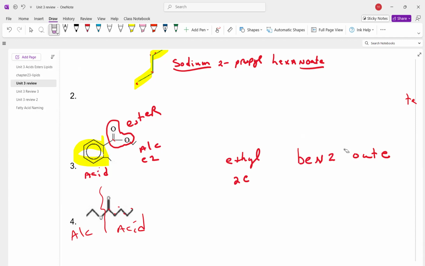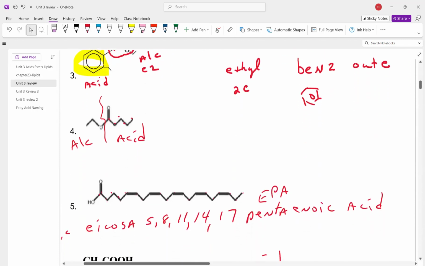So this is an aromatic acid, 2-carbon alcohol. Again, we have OCO.